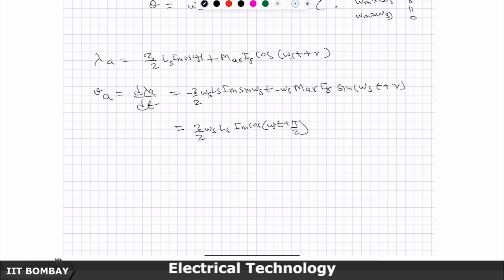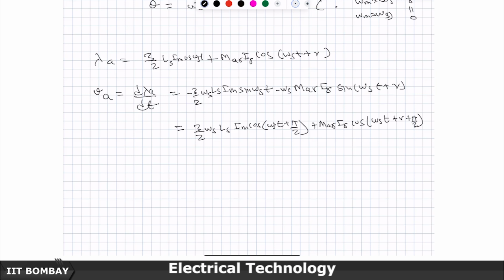And again using the same principle, for the second term, I am sorry, it should be cos of omega s t plus gamma plus pi by 2.